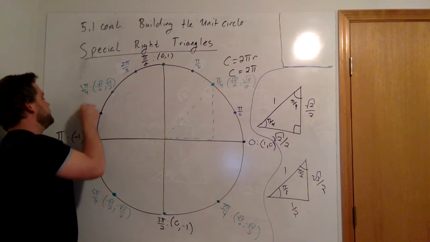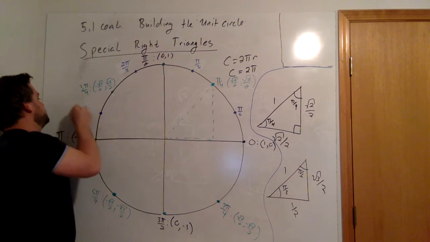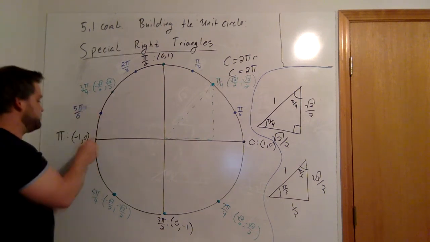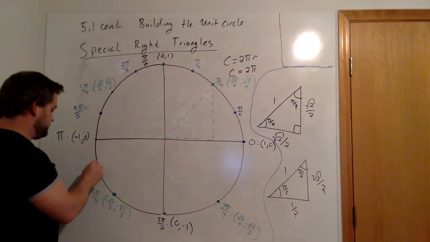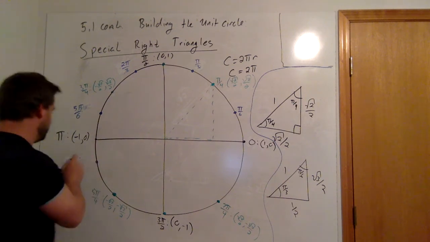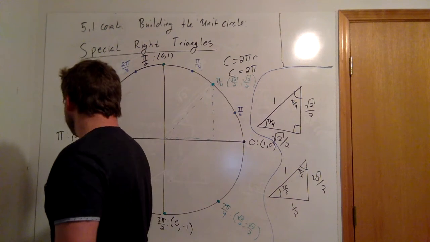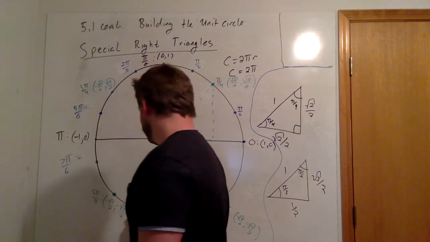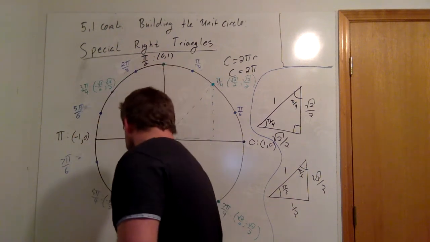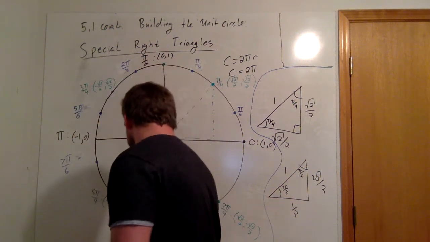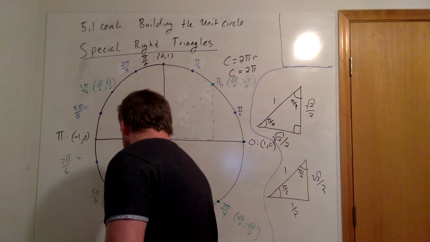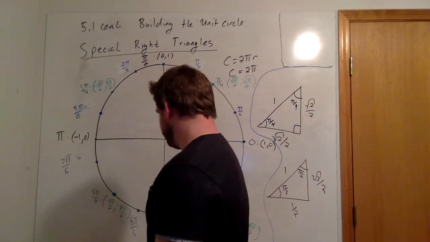So this will be 5 pi over 6. This will be 6 increments of pi over 6, 7 increments of pi over 6, right? 7 pi over 6. This would be 8 increments of pi over 6. So this would be 8 pi over 6, which will reduce to 4 pi over 3.